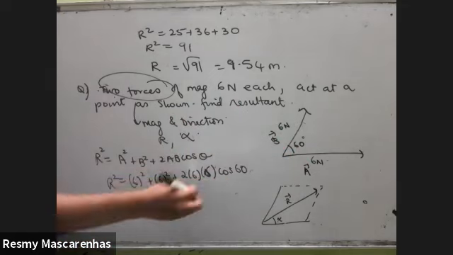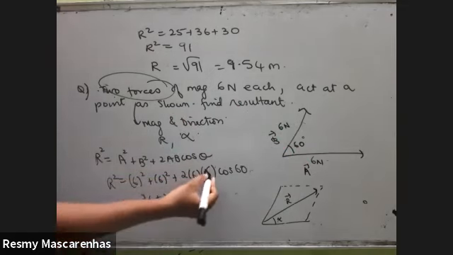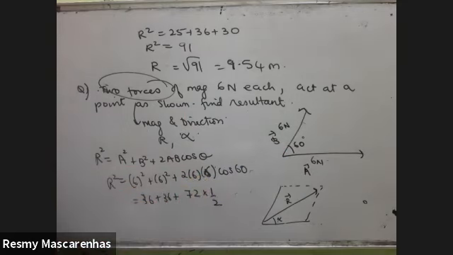So just now I told you cos 60 is always 1 by 2. 36, 36, 36, 72, again 36. You know 36 is a perfect square.